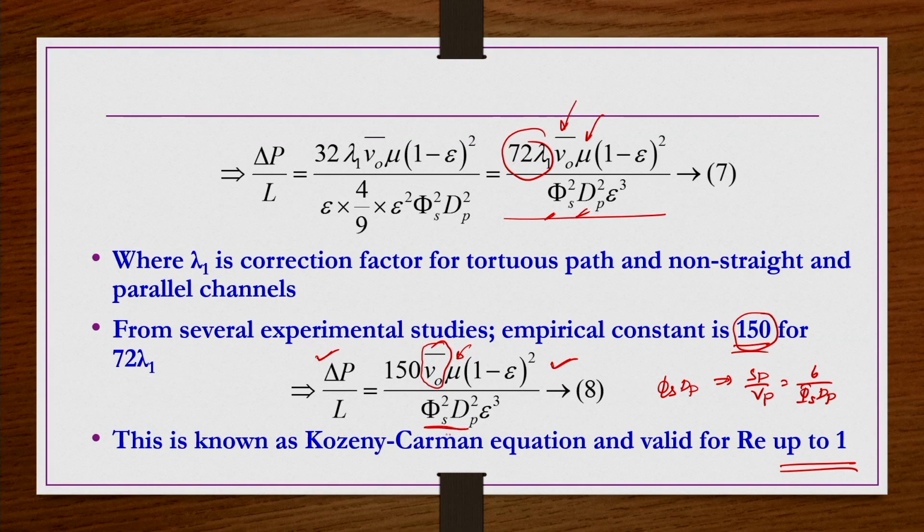Then you can use that pressure drop in this equation and back calculate phi s dp, because the remaining things are known: the superficial velocity you have given, the viscosity of the fluid, and the void space of the bed, which in general is around 0.4 to 0.45. So, you can calculate phi s dp from here. Once phi s dp is known, if you do 6 by phi s dp, you will get the surface to volume ratio for those particles.